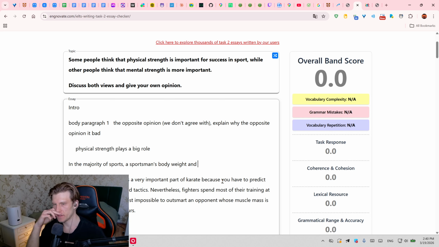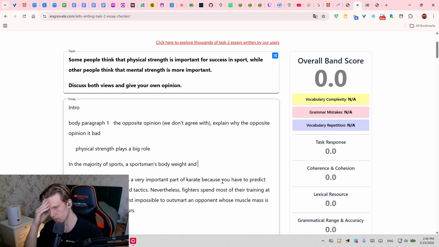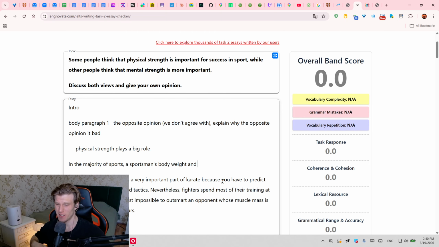Oh, that's synonyms for physical strength. Sorry, body weight and physical. Physically agile, agileness, agility, physical agility.